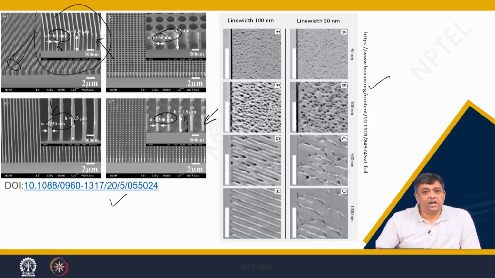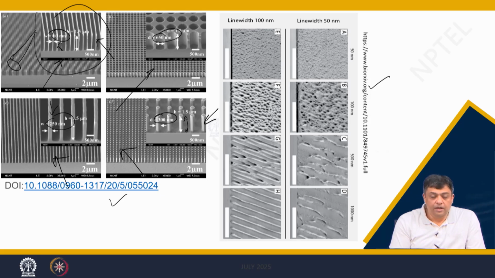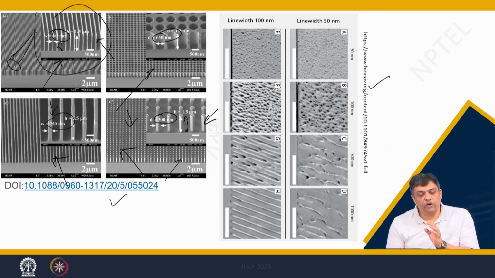But now you can see you can actually pattern these structures quite routinely, and I am using the word patterning, meaning they are well defined structures, there is no ambiguity in the design, they are well designed with equal spacing between the two. So, there is a gap.